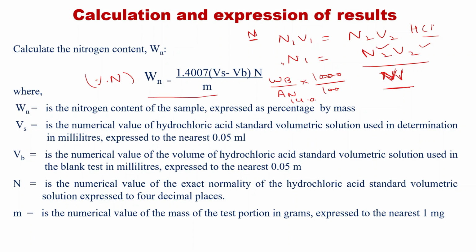So the percentage nitrogen, because we have taken per 100 ml, will be equal to 1.4007 into the normality of the HCl into the titer volume which you have obtained for the sample, and we have to subtract the blank also, divided by the mass of the sample taken. Since the sample is taken in weight, we will place here W.